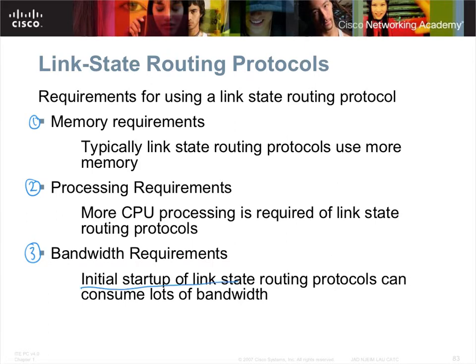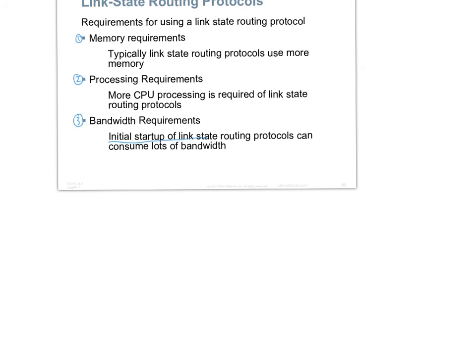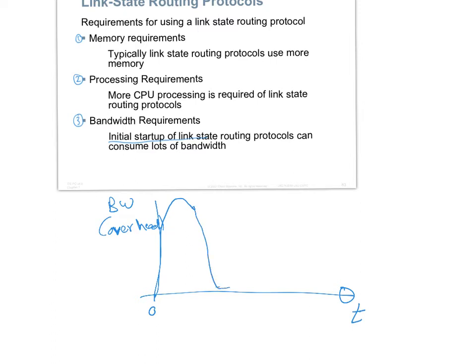So if I were to simulate the bandwidth requirement, or what we sometimes call overhead, for sending route updates as a function of time: when the network first starts, it is very, very high, then it becomes very low, and it may vary like this based on any updates that might happen in the system.